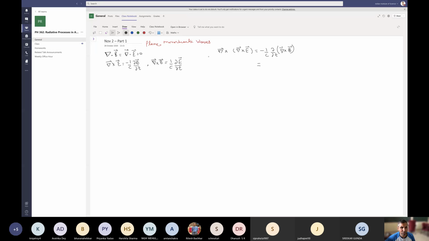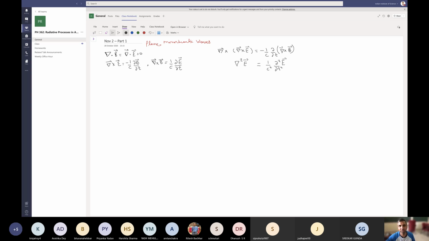Del cross B is 1 by C dou E dou T, so this is minus 1 by C squared dou 2 dou T squared E. The left hand side is del cross del cross E, which is nothing but del squared E. There's also a del dot E term, but since del dot E is 0, that term goes to 0.